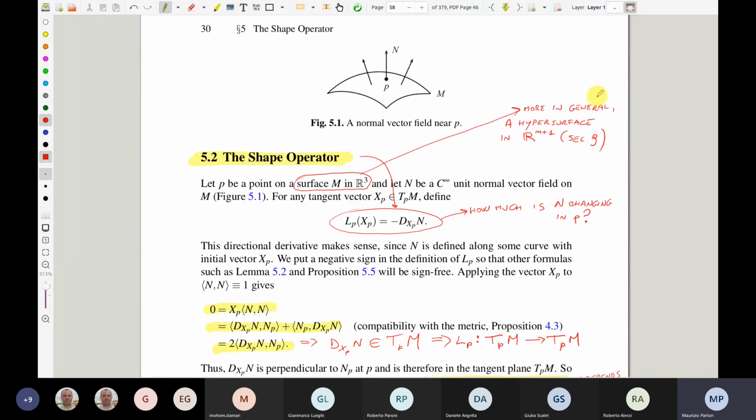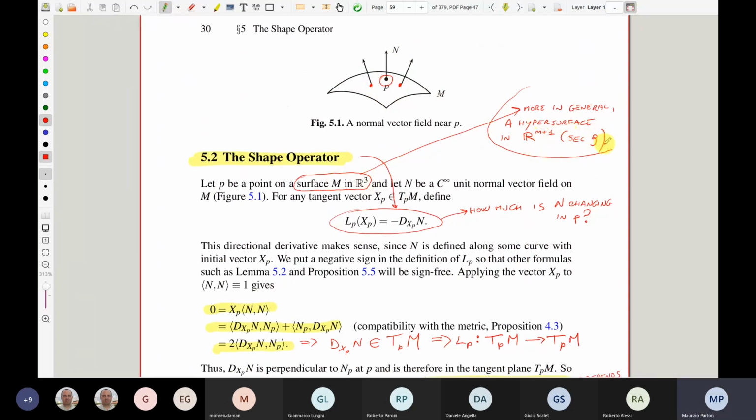Okay, so this is the picture. So we have a point here. In this point, we have a normal vector, versor, length 1. And as I told you before, this normal direction exists also around P. Okay? Be careful, this exists one normal direction because we have a surface in R3. Or more in general, when we have a hypersurface in Rn plus 1.